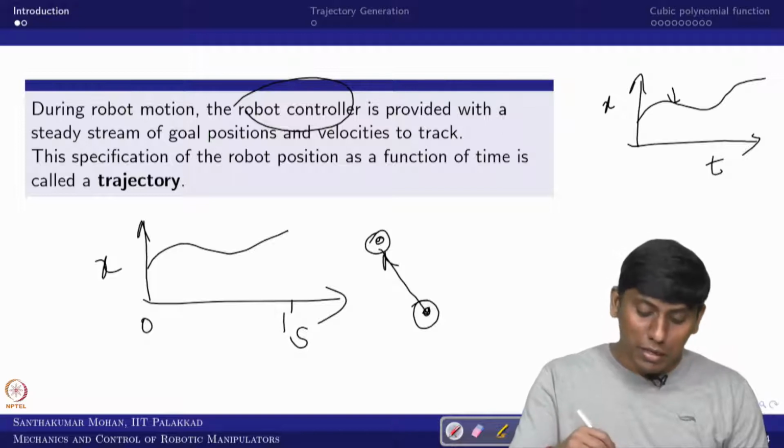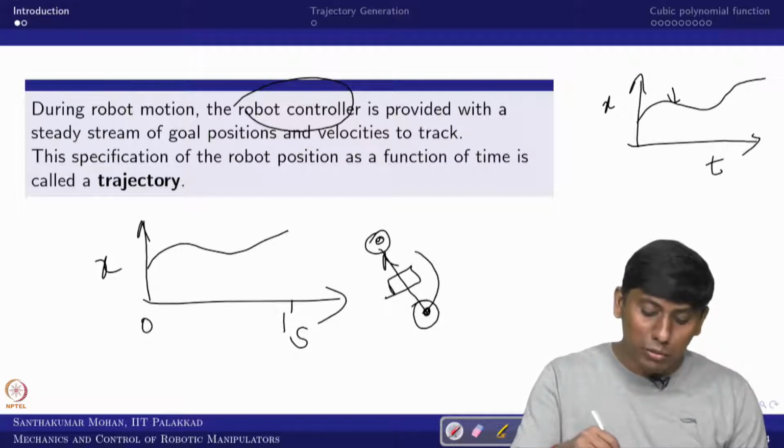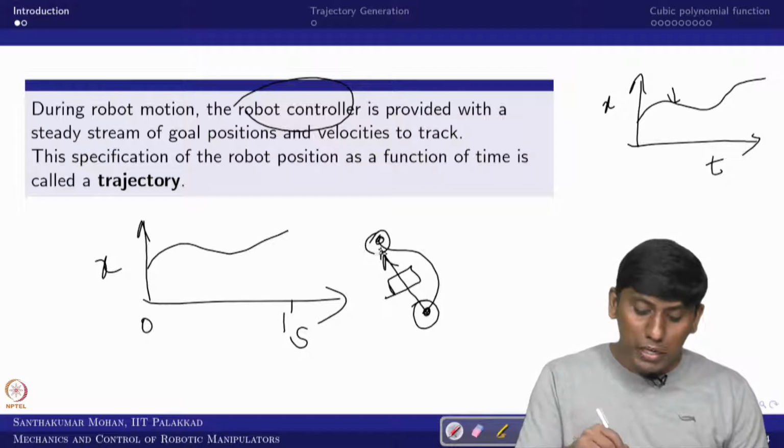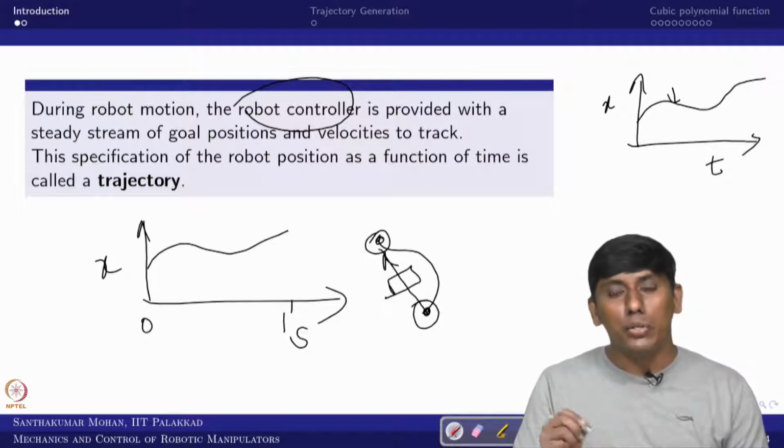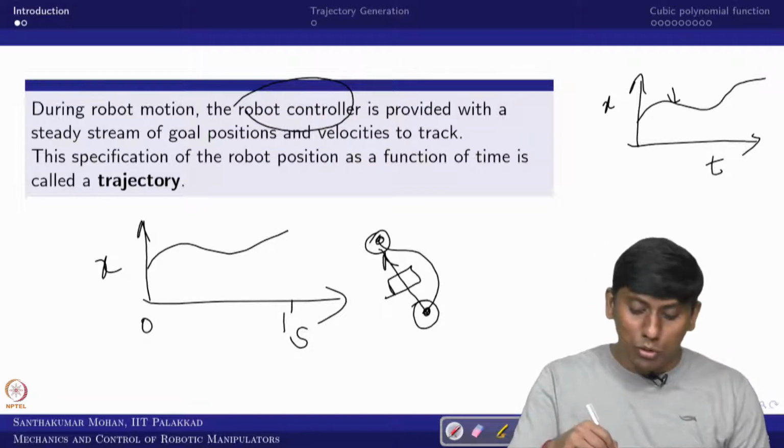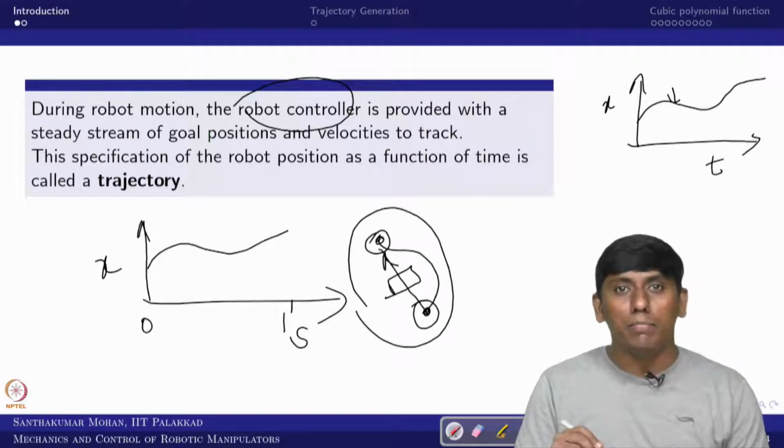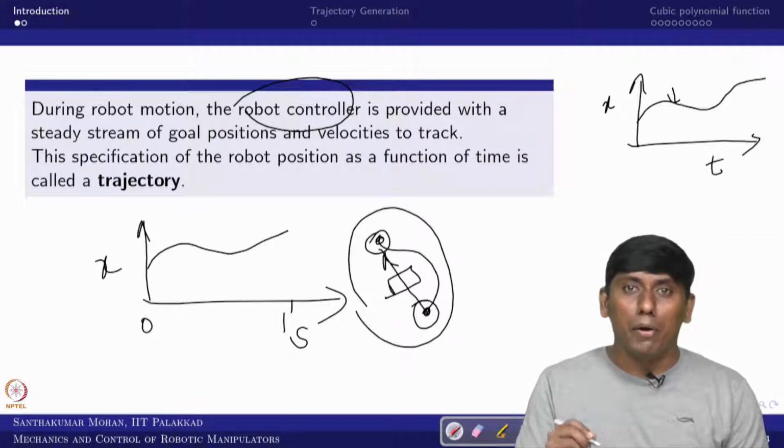Because sometimes there would be obstacles, or probably in order to make it energy optimal or time optimal, you need some predefined manner of going from one point to another point. This is the prerequisite.